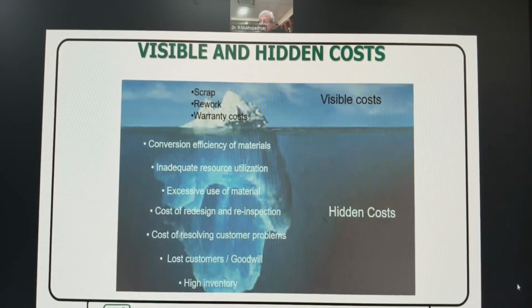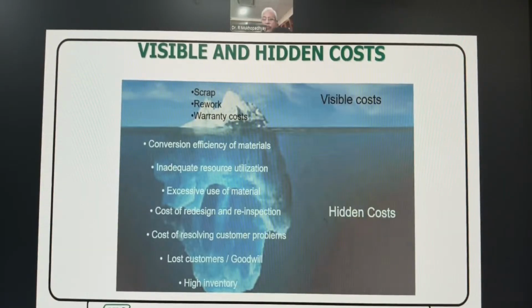So what are the losses we consider? Similarly, inadequate resource utilization, excessive use of material, over design, cost of redesign or reinspection, cost of resolving customer problems, lost customers and high inventory. These are called hidden costs. So the hidden cost of Indian companies varies, let us consider, 5 to 20% of the direct profit.